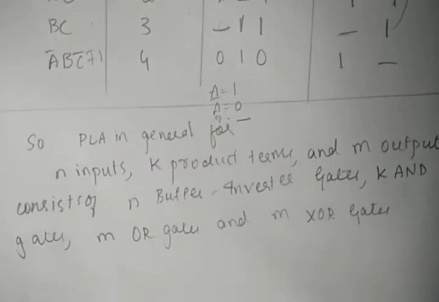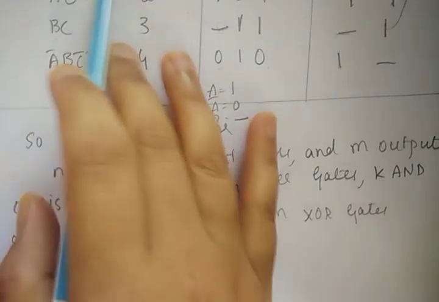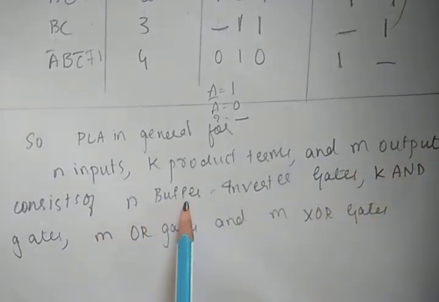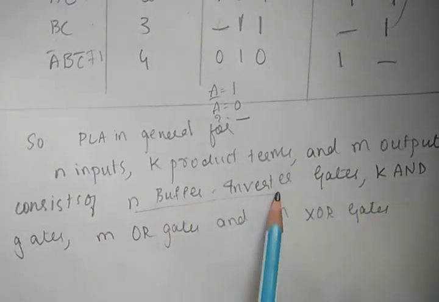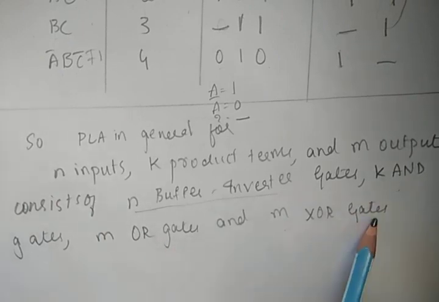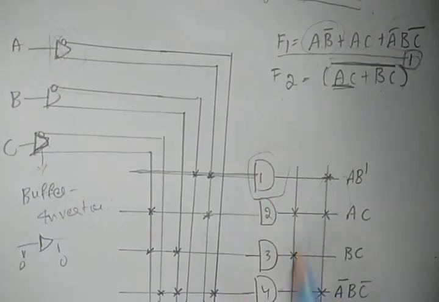So a PLA in general, if it has n inputs, k product terms, and m outputs, consists of n buffer input gates, k AND gates, m OR gates and m XOR gates. Here we have so many gates, as you can see. First and foremost, inverter gates. Then we have AND gates.